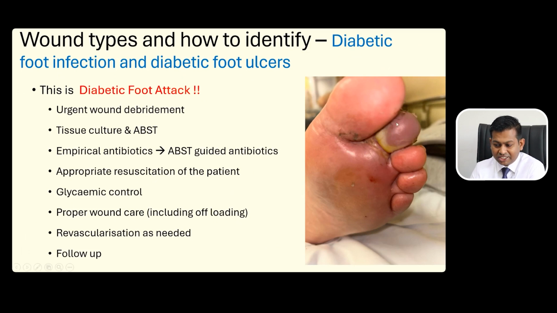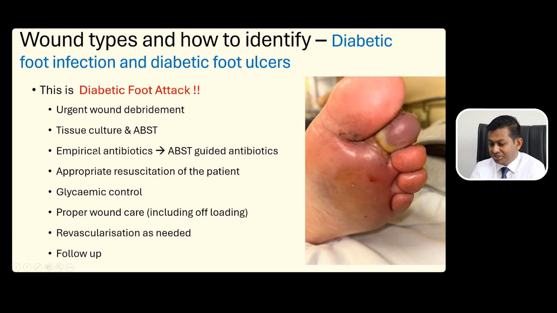And most of the time it's difficult to do it at a GP practice, so for diabetic foot, I would say the best place to manage is at the hospital, because we have theaters, we have IV antibiotics, we can monitor the patient, everything. And once we do a proper debridement, clean up everything, drain the pus, it's a must to send a culture and ABST.